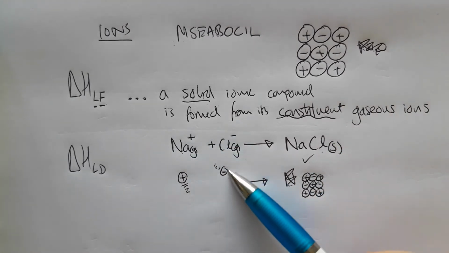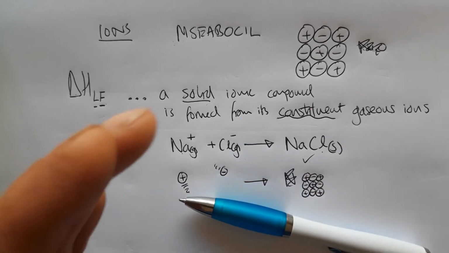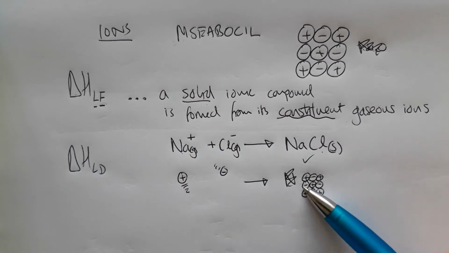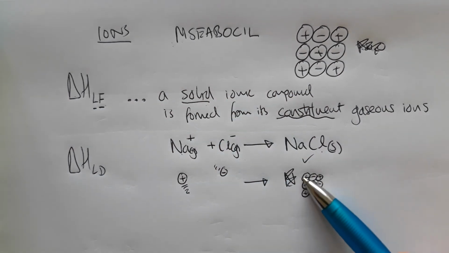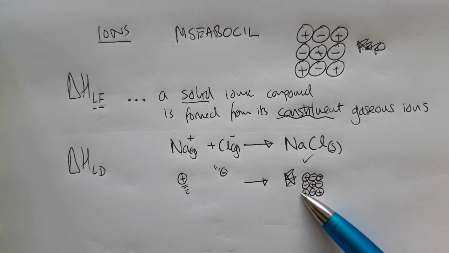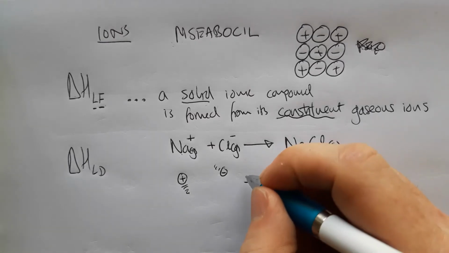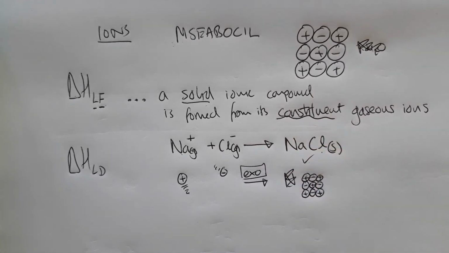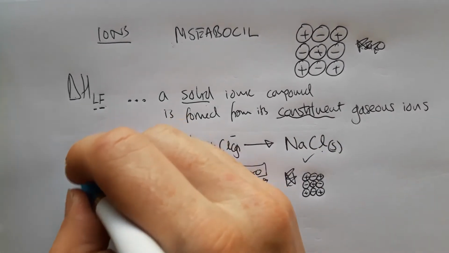Imagining that you've got gaseous ions floating about and then they all just collide together to spontaneously form a lattice. Now, you're forming many strong electrostatic attractions between oppositely charged ions in a lattice. So you're just making new attractions. So that is going to be very exothermic. It will give out a lot of heat because you're just making bonds.